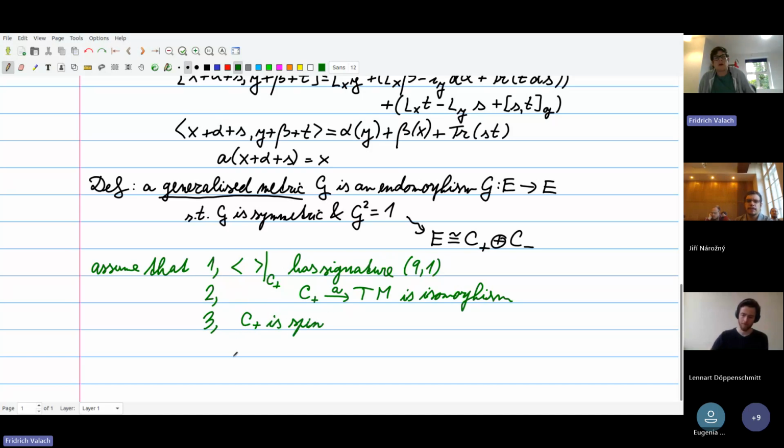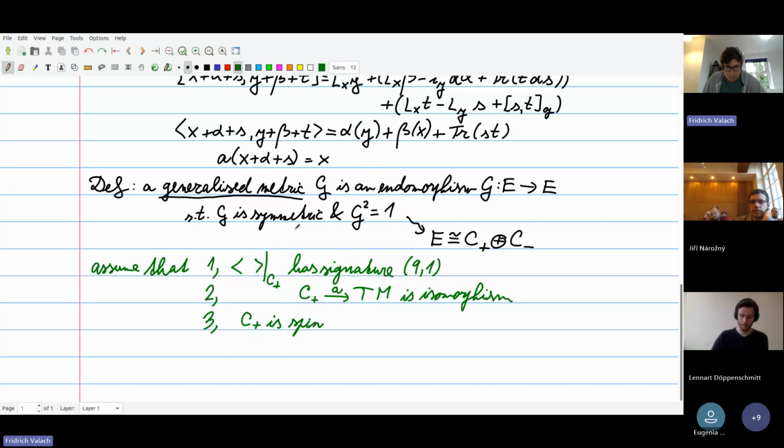This puts some mild topological restrictions, but if you want to be precise, then you need to require this separately. So these are the three assumptions I will assume for a generalized metric. A generalized metric is an endomorphism which squares to identity, is symmetric, and satisfies these things for us.